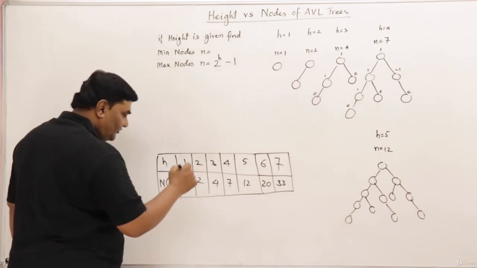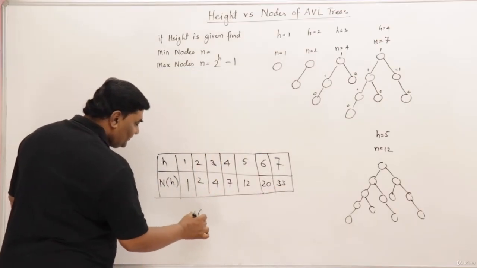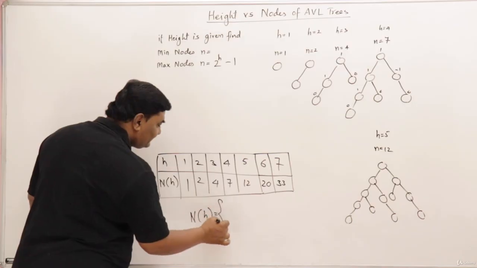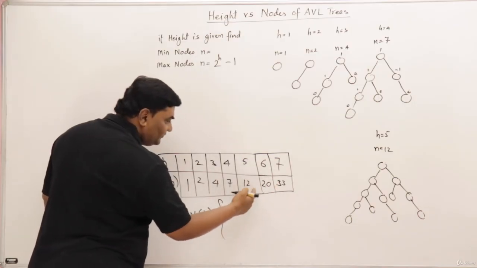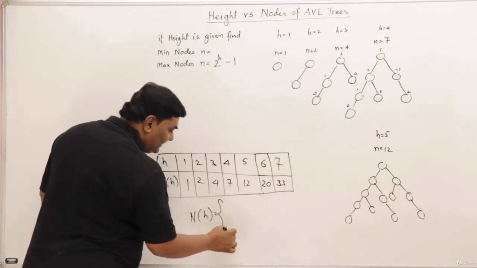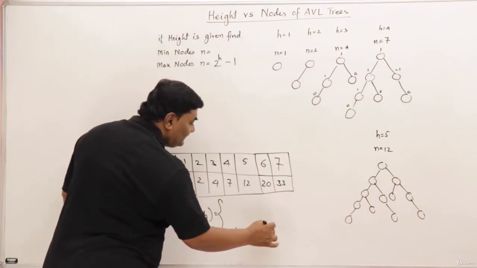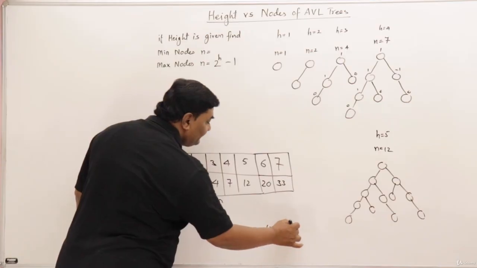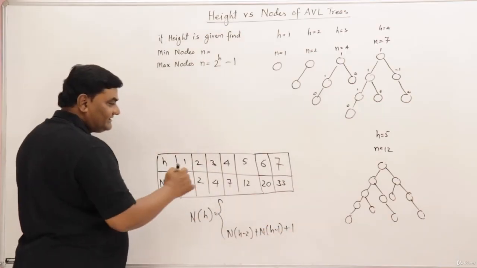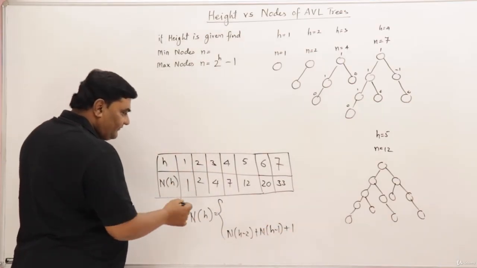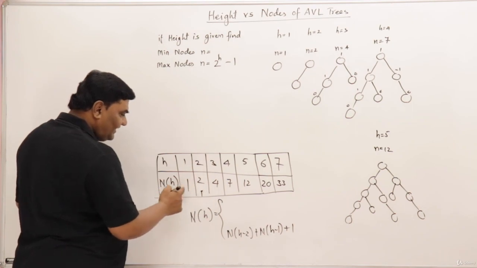Yes. So the formula is: the number of nodes for a given height is the previous two values added, plus 1. So n(h) = n(h-2) + n(h-1) + 1. Yes, this is the formula. Then for the very first values, I should have two values with me.